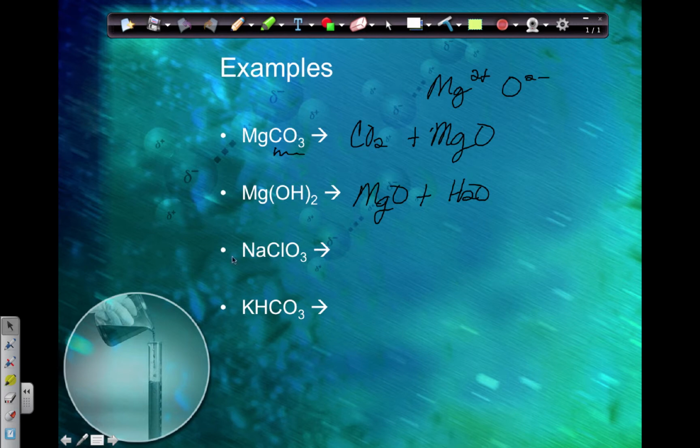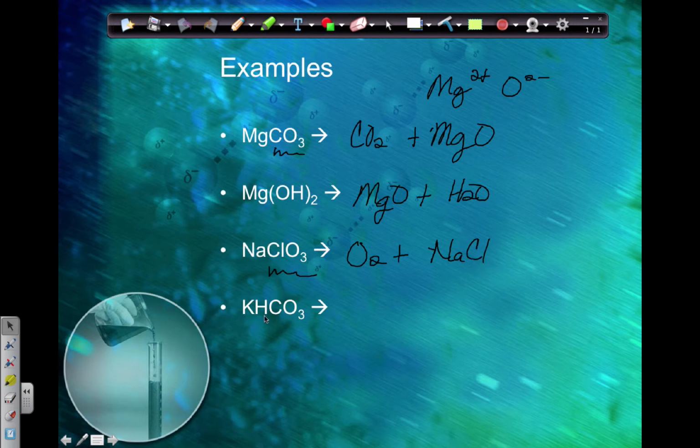All right, so now we have a chlorate. So if that decomposes, it makes a metal chloride and oxygen gas, so O2. And the metal in this case is sodium, so sodium chloride. Sodium's a +1, chlorine's -1, so it's NaCl.